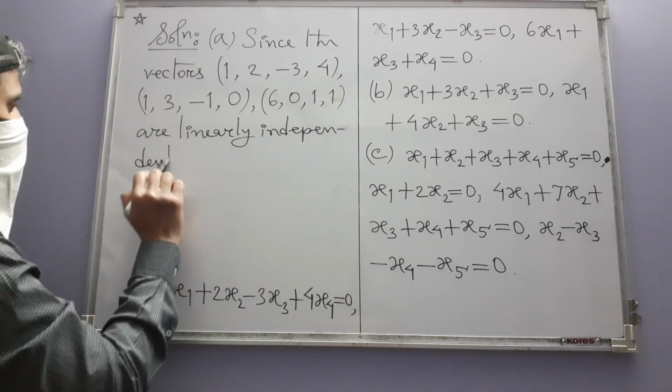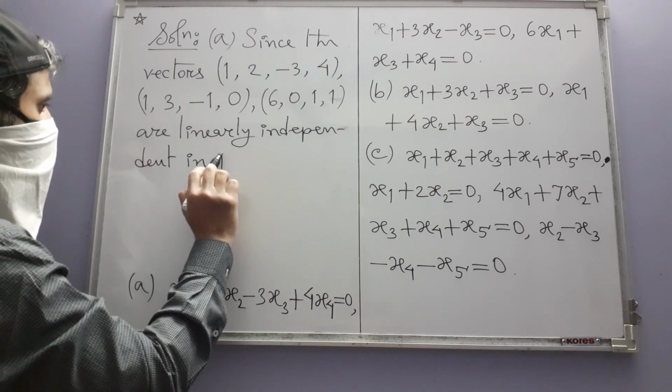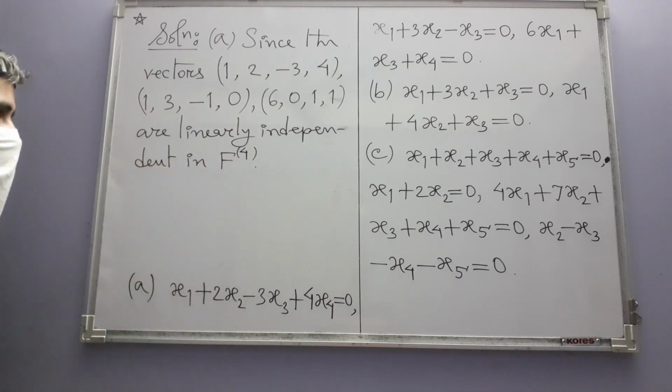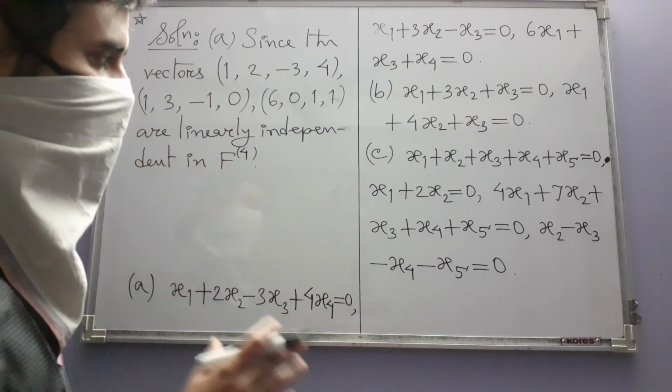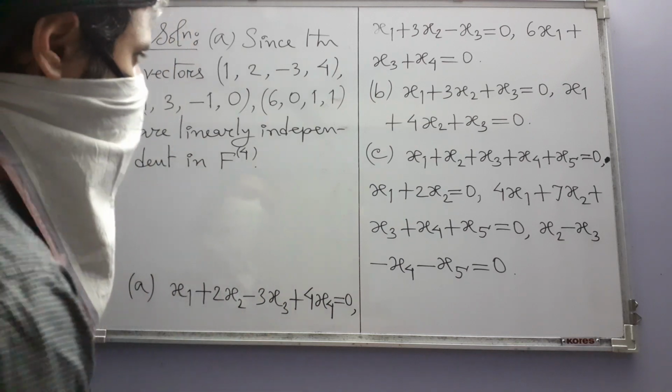Since these vectors are linearly independent in F4, actually R4, but in the exercise F denotes the field of real numbers.